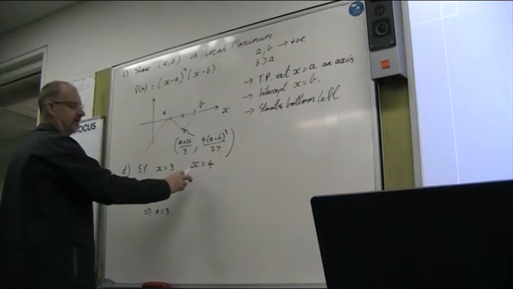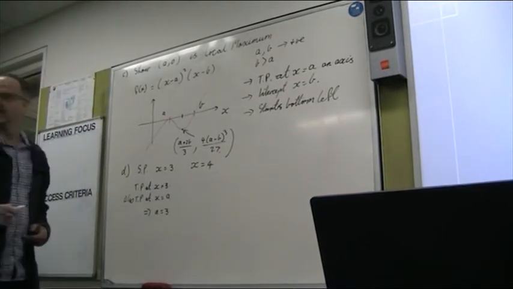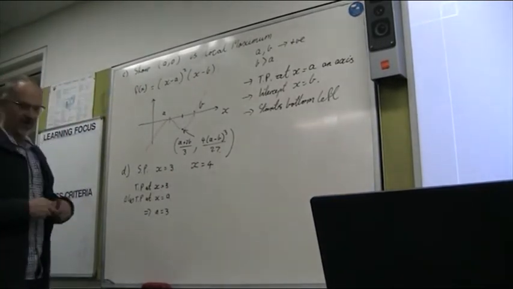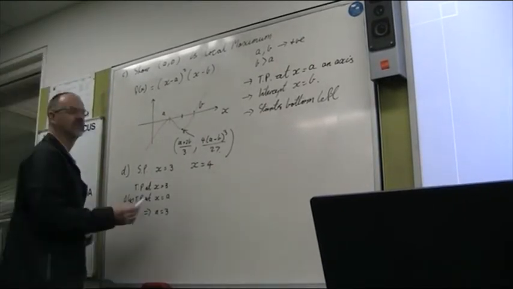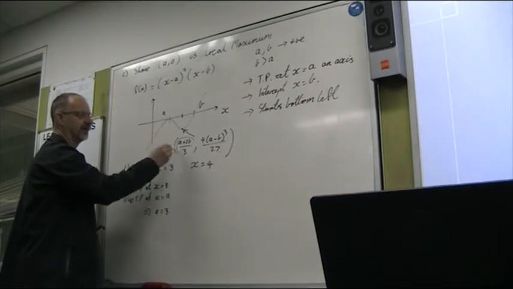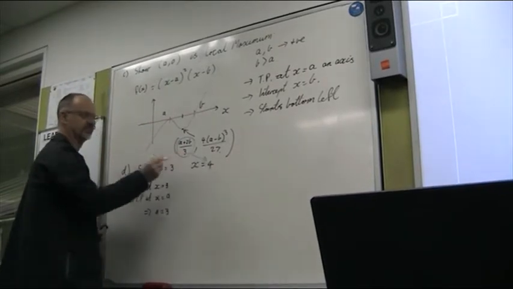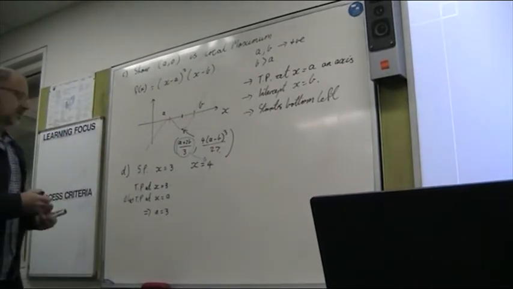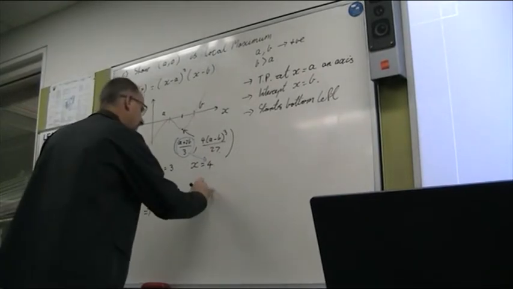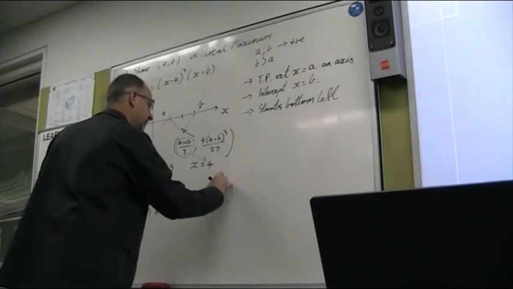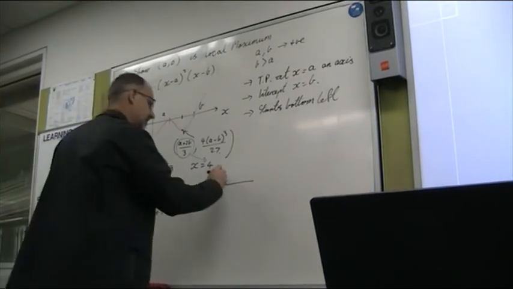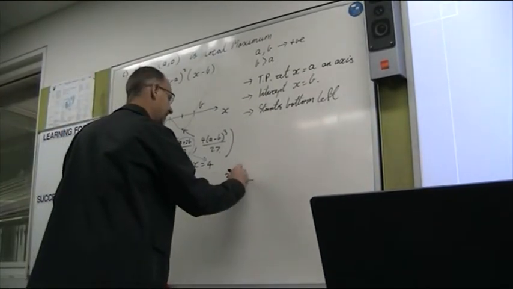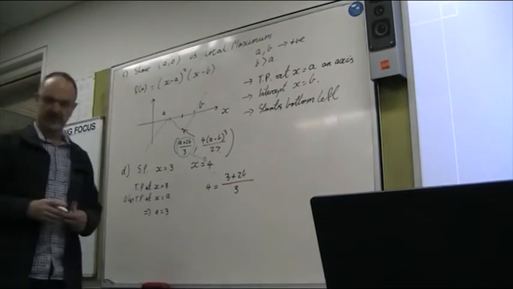Now if we know that a equals 3, and we also know that there's another turning point at x equals 4, and that relates to that there, doesn't it? So 4 will equal, and we found out a is 3, so 3 plus 2b over 3.